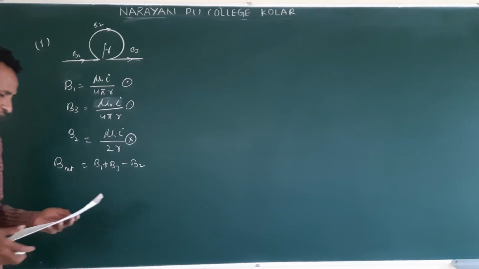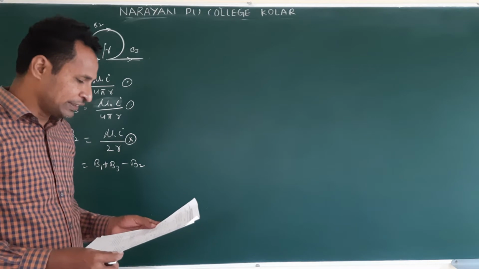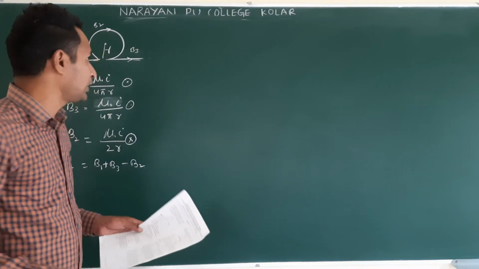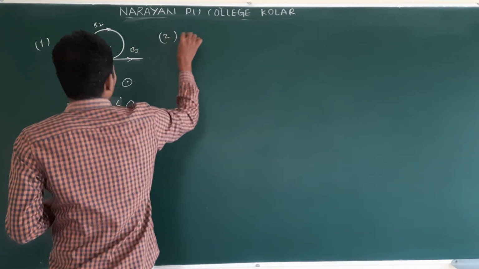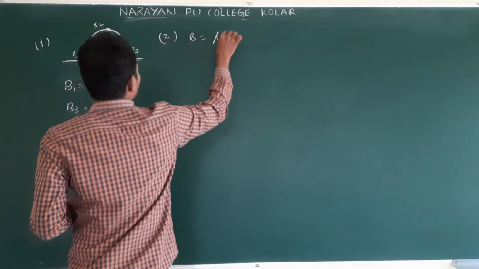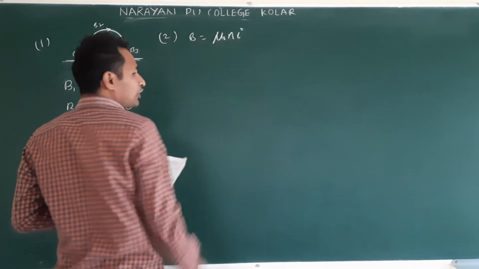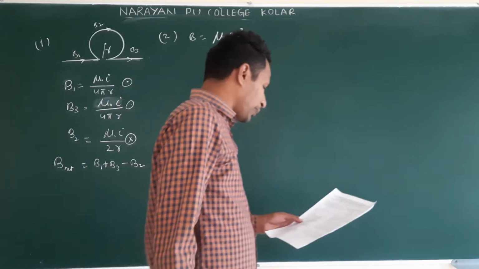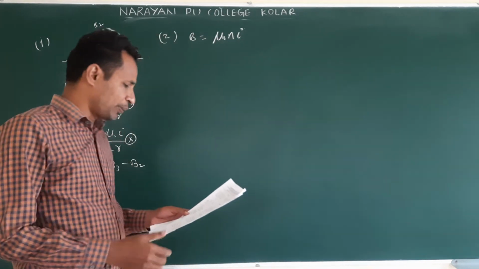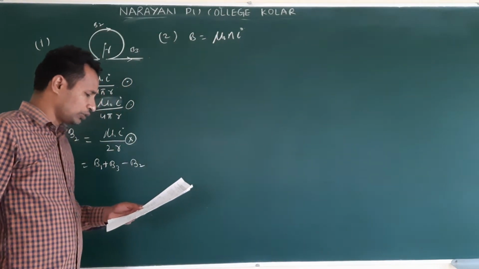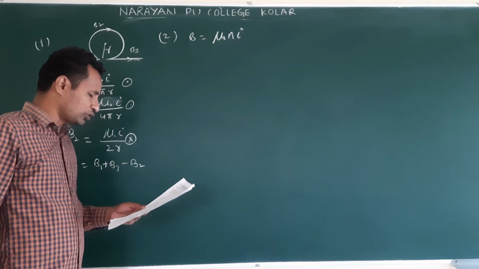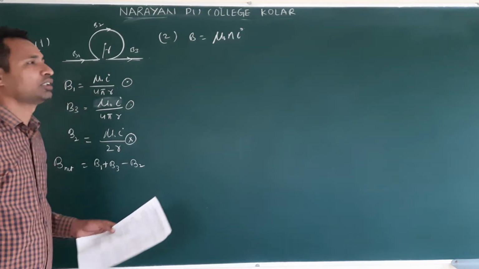Okay, next. Second one, field inside the solenoid. Directly, what is the formula? B is equal to mu naught N I, solenoid. Directly proportional to the current, inversely proportional to length.